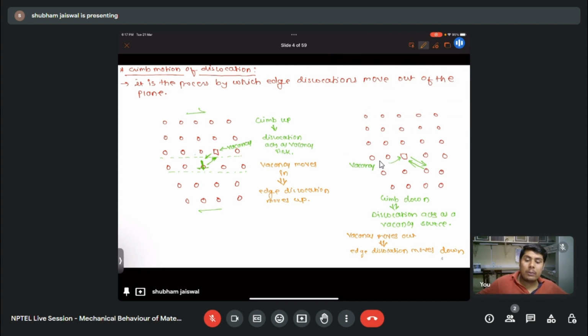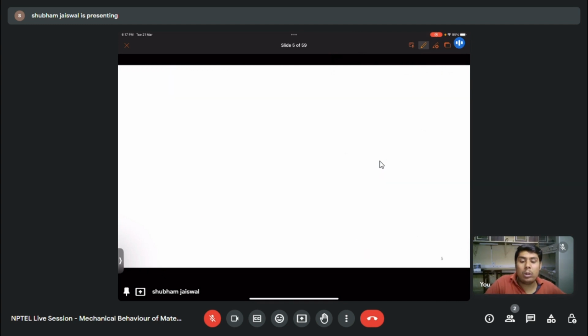Okay. Then after that, we have seen how this climb motion will help the dislocation to surpass any barriers. Okay. So let's say this is my plane, and here I have an edge dislocation, and here I have a barrier.